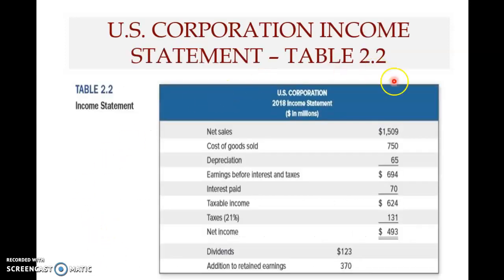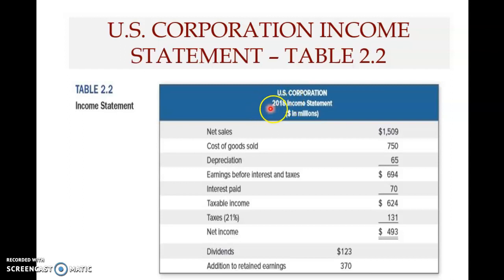Okay, now this is the format of an income statement, a very brief income statement of US Corporation in 2018. Usually when we say income statement, we say for the year ended 2018. For balance sheet, we say the balance sheet for US Corporation as at end of year 2018.